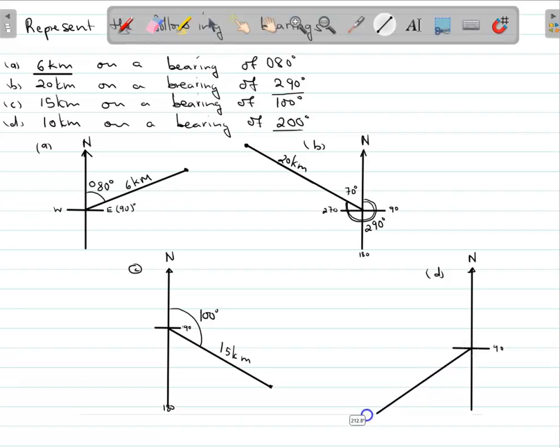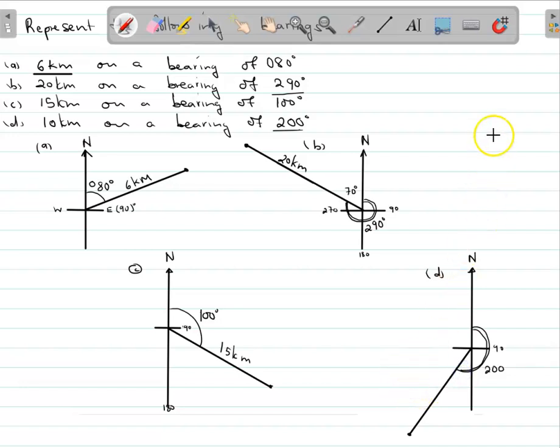Actually 200 is closer to 180, so it can come up like this. Just trying to be a bit reasonable. So we're saying this whole angle is 200 degrees. That whole angle is 200 degrees.